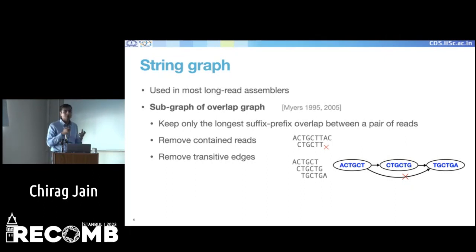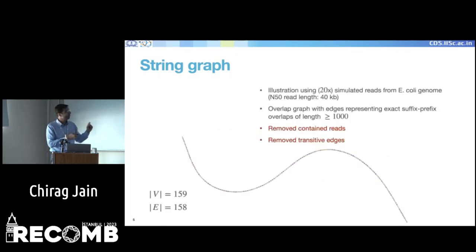Now for those who don't work in genome assembly, here is a quick example of a string graph constructed from simulated reads from the E. coli genome. Here the read length is about 40,000 base pairs. The vertices correspond to the reads themselves, and the overlaps indicate suffix prefix matches of length at least 1,000.